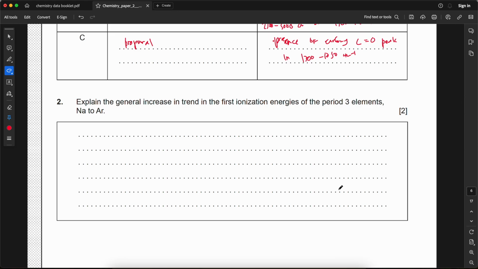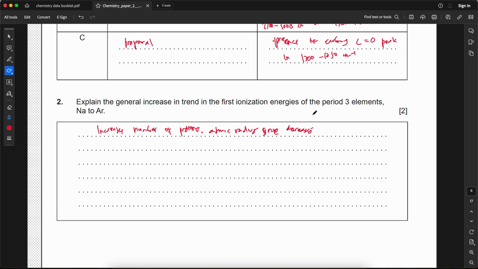Explain the general increase in trend in the first ionization energies of the period 3 elements from Al to Ar. Increases number of protons, atomic radius size decreases.